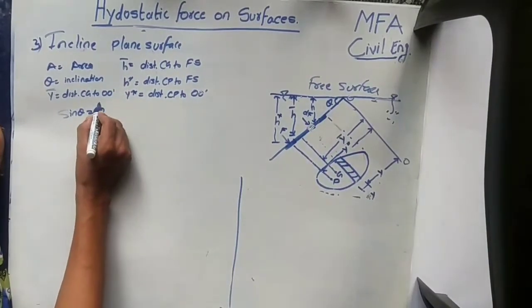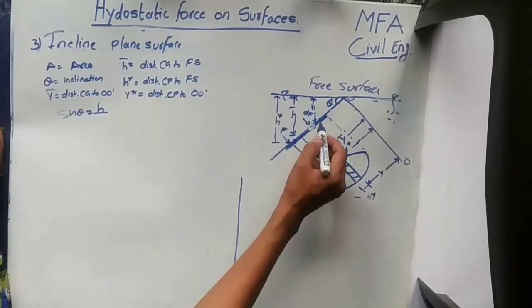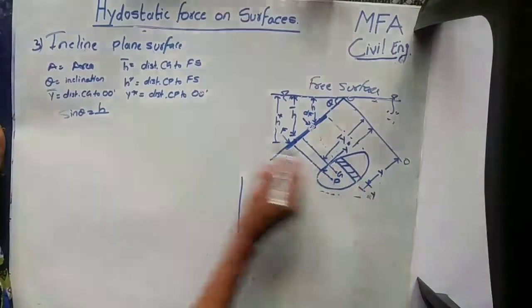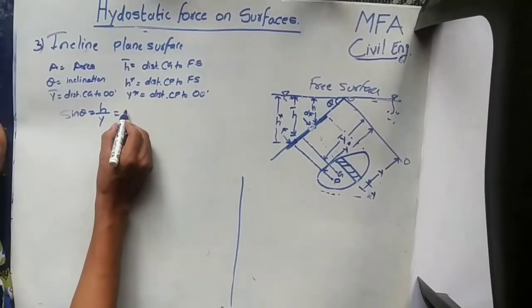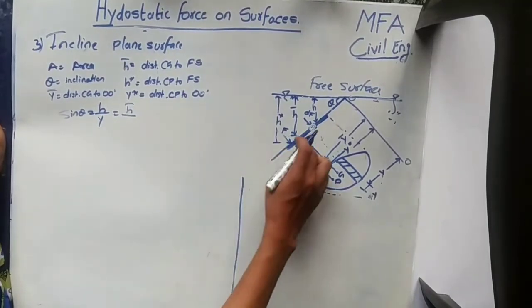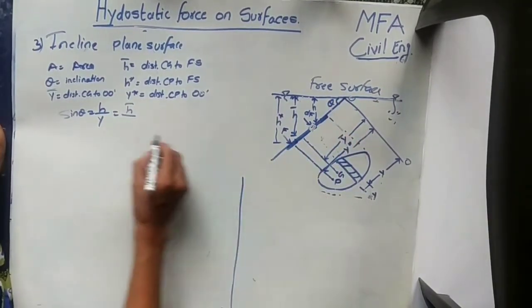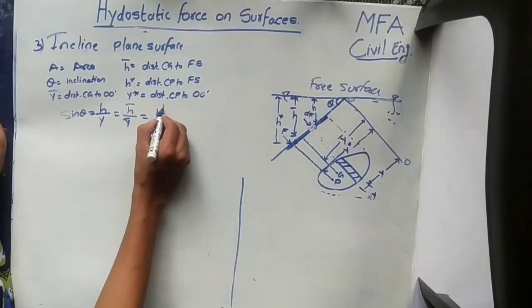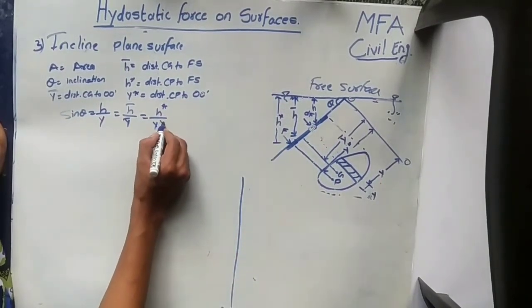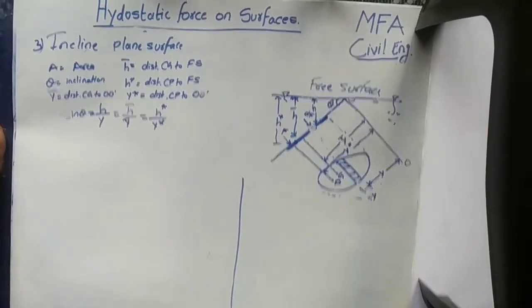Opposite is h, and the hypotenuse length is y. Similarly, sin theta is equal to opposite h bar, and the hypotenuse length is y bar. Similarly, h star upon y star.